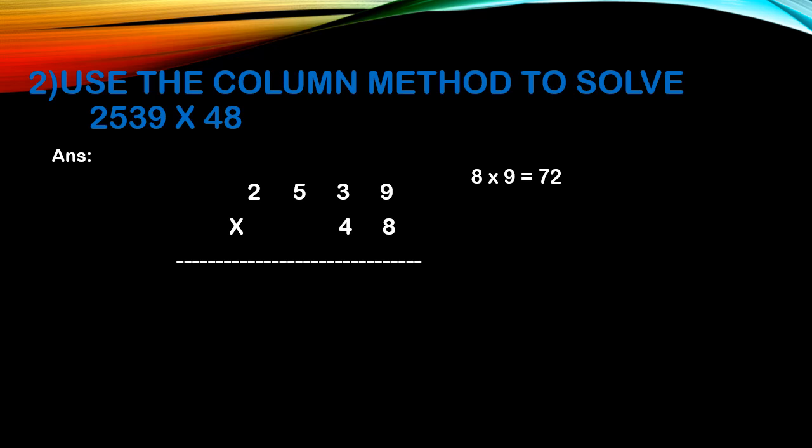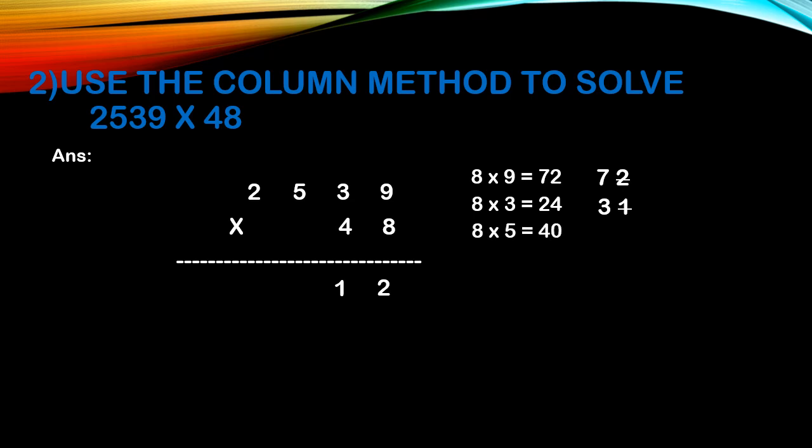When regrouping, we have to remember to add this number to the column to the left, else our answer will be incorrect. So here 72, I'm going to write 2 here, then we keep the 7. Then 8 3s are 24. 24 plus 7, 31. Then we write 1 here.